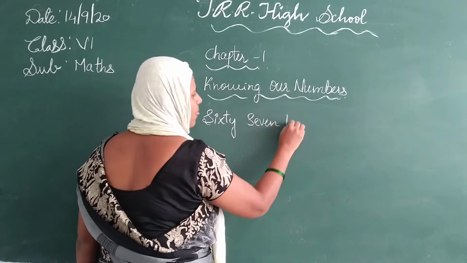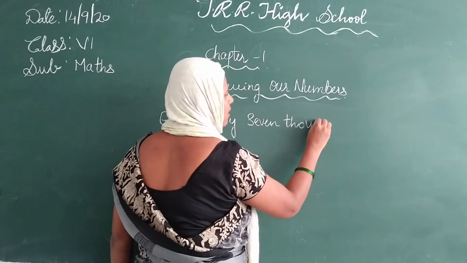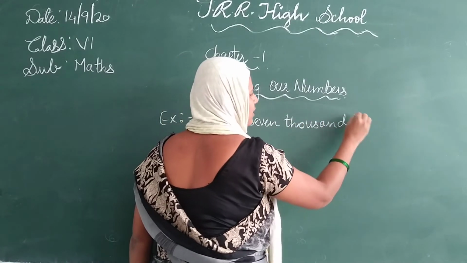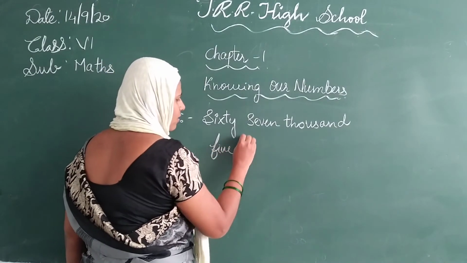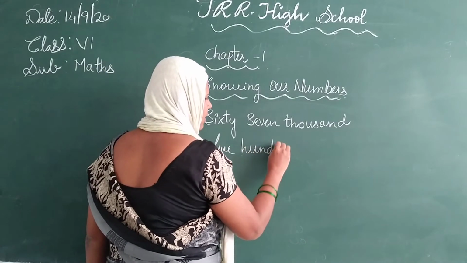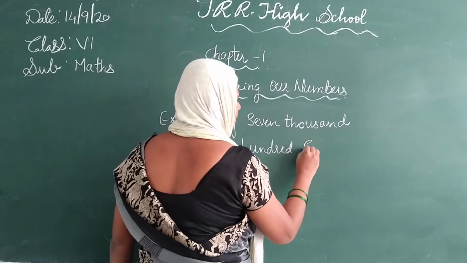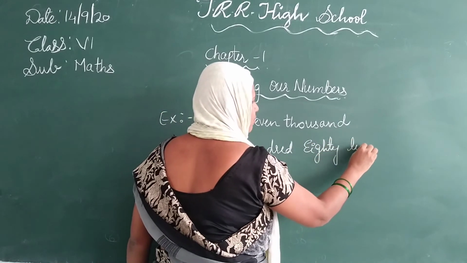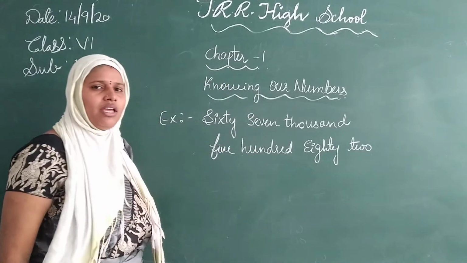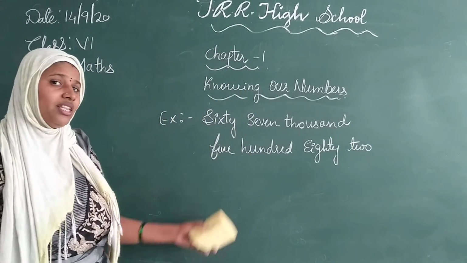67,000 582. So this is my number. Our number name is given.